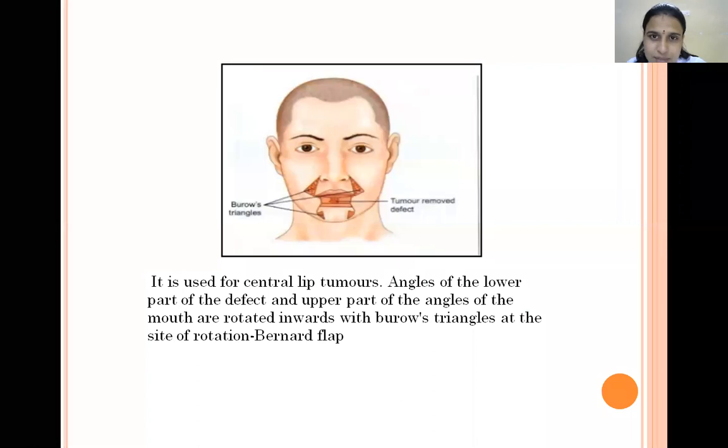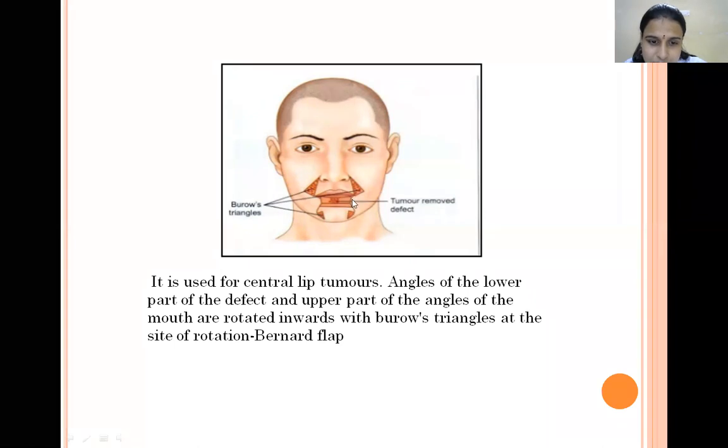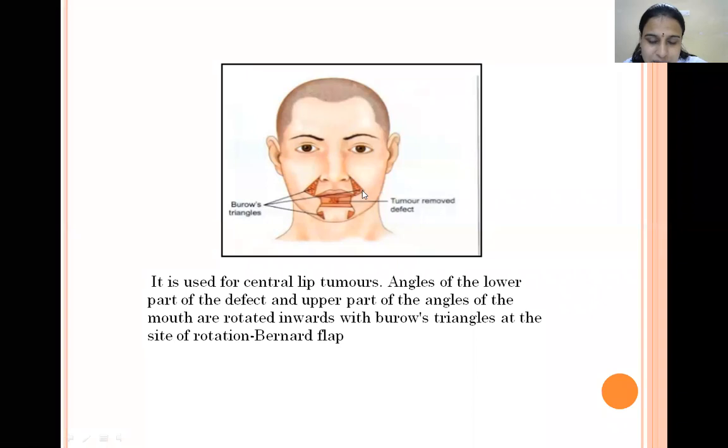This is the advantage of Estlander's flap over Abbe's flap. Okay, the next flap is Bernard-Webster facial flap. Here it is used for the central lip tumors, wherein the angles of the lower part of the defect and the upper part of the angles of the mouth are rotated inwards, such that there is formation of these Burow's triangles. Burow's triangle is nothing but a triangular defect at the area of the donor site, full thickness involving the skin and subcutaneous tissue.